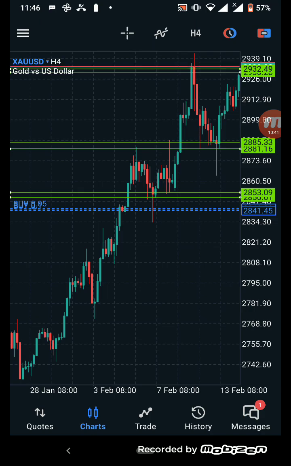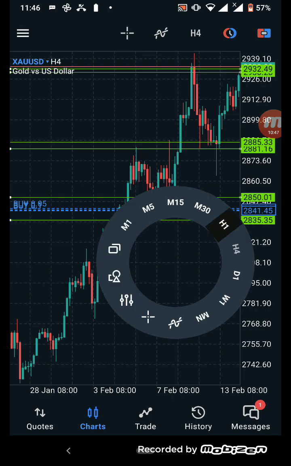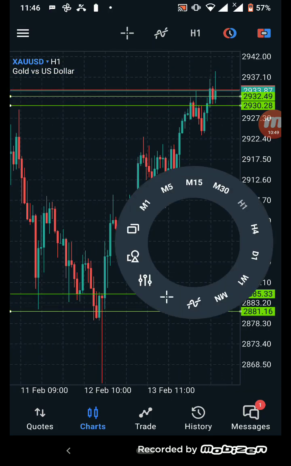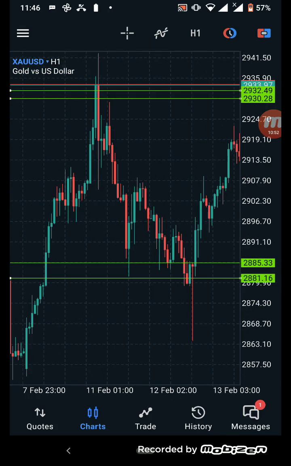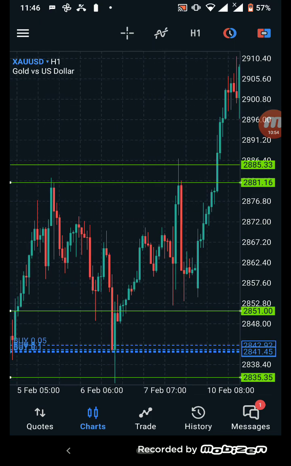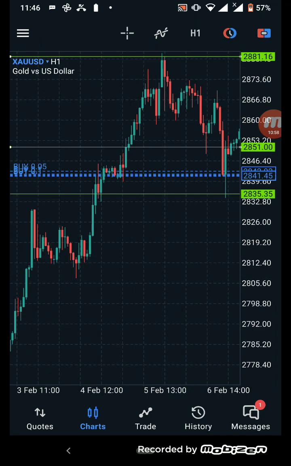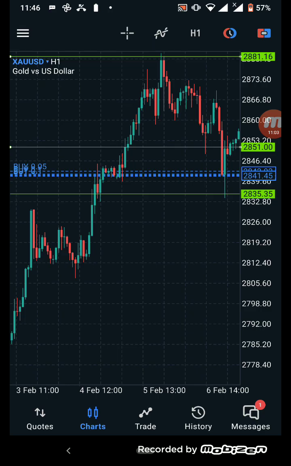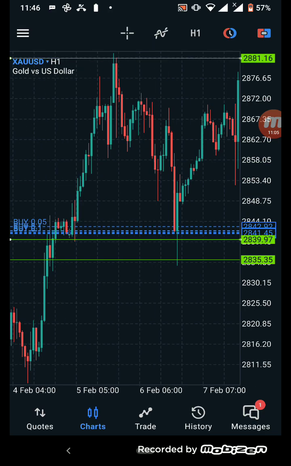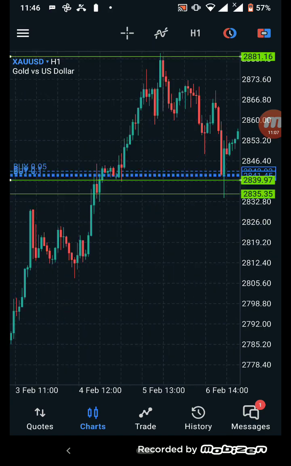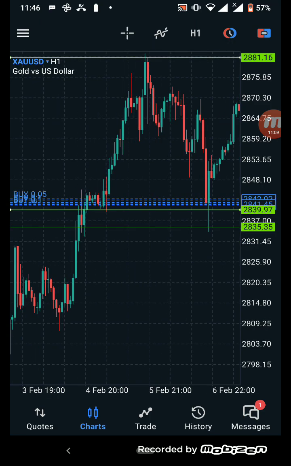Because the market respected this area, when you look at the lower time frame, like I said, we have support and resistance zones.